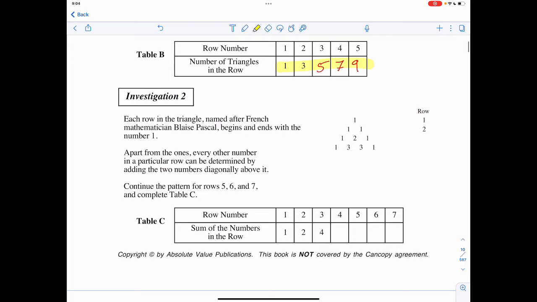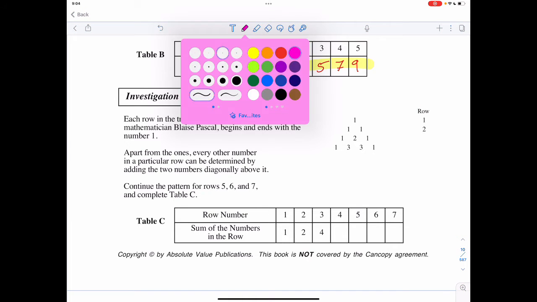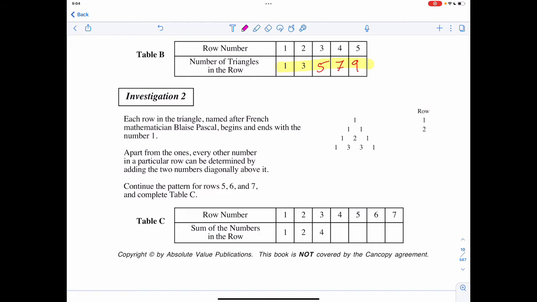If I go to the second example, then what I have here is Pascal's triangle. Pascal made the triangle where every next row of the triangle is created by adding the 2 diagonals above. So 1 and 1 is 2, 1 and 2 is 3.